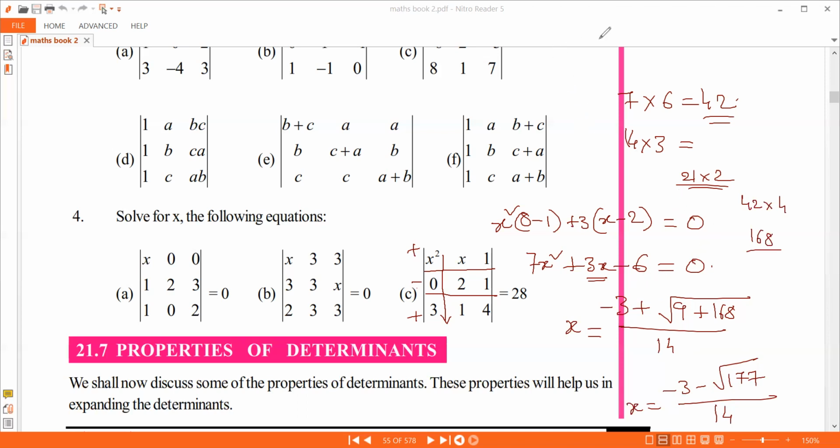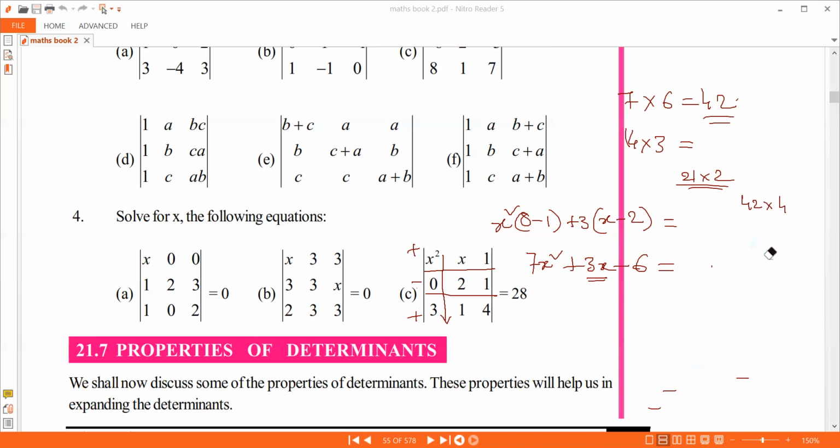I made a mistake here. What is the mistake is that they equated this to not 0. They equated this to 28. I didn't see that. They equated this to 28. Then this 28 you can take to this side.